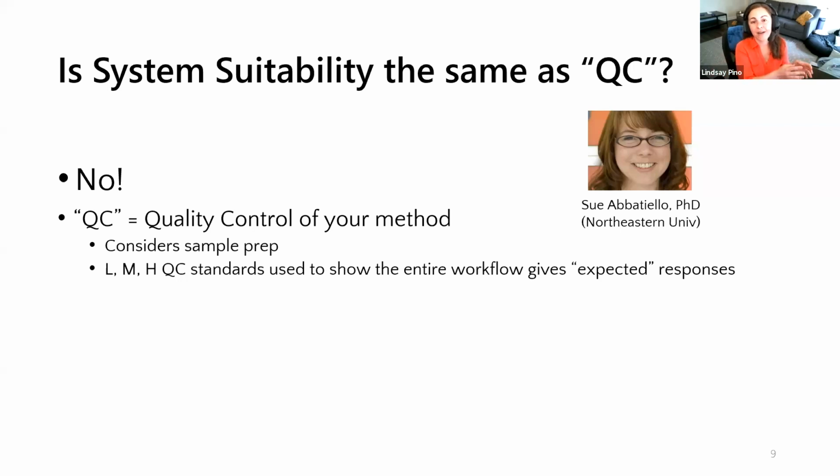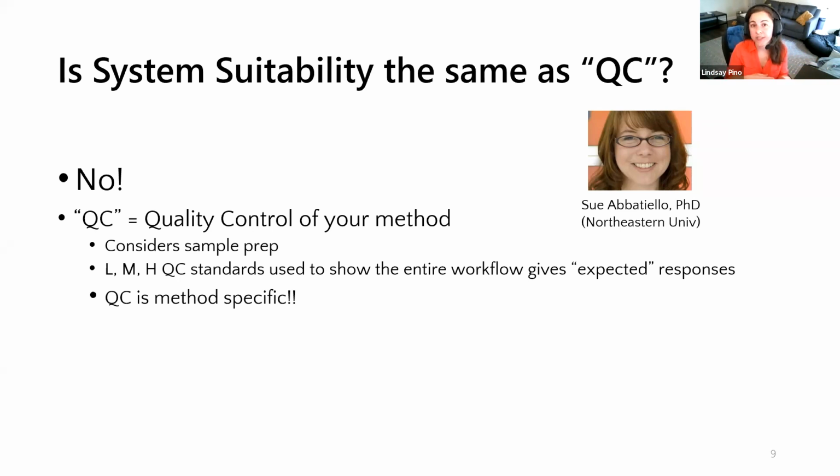And then you might have a heavy isotope enriched version of that sample, so that you can spike it into your sample processing protocol at different points with a known quantity in the heavy and a known quantity in the light. And if you compare the two, you can see where losses are occurring. So a QC is typically method specific.